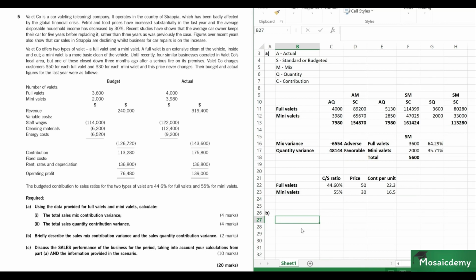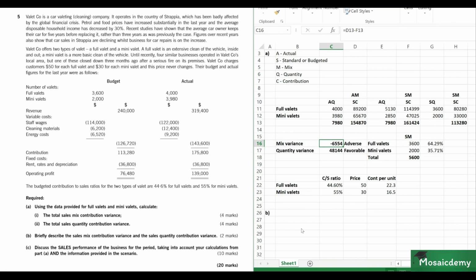And honestly, students often struggle with the definitions of these variances. So let's just pause for a minute, and for recap purposes, let's talk about what the sales mix and sales quantity variances are before we describe them here. So sales mix variance, what is it? For example, in this case, we have an adverse sales mix variance. What does that mean?